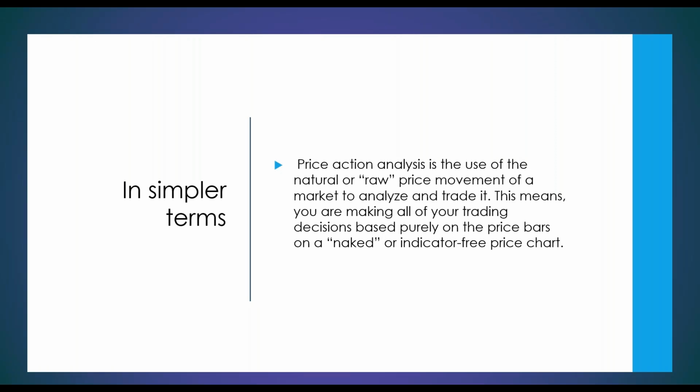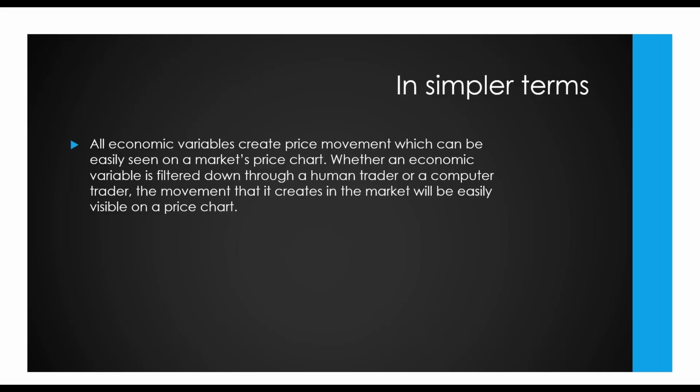Price action analysis is the use of the natural or raw price movement of a market to analyze and trade it. This means you are making all of your trading decisions purely on the price bars on a naked or indicator-free price chart. In simpler terms, all economic variables create price movement, which can be easily seen on a market's price chart. Whether an economic variable is filtered down through a human trader or a computer trader, the movement that it creates in the market will be easily visible on a price chart.